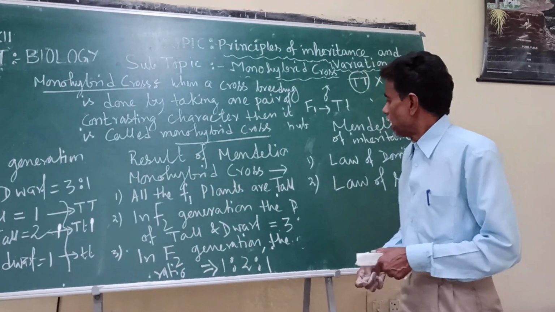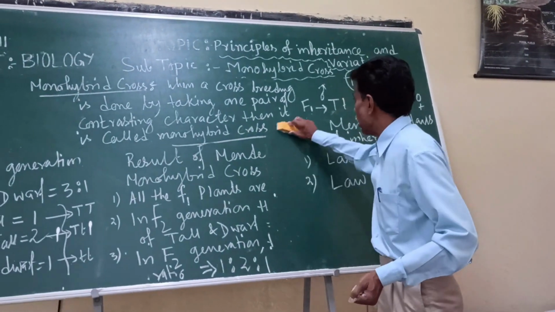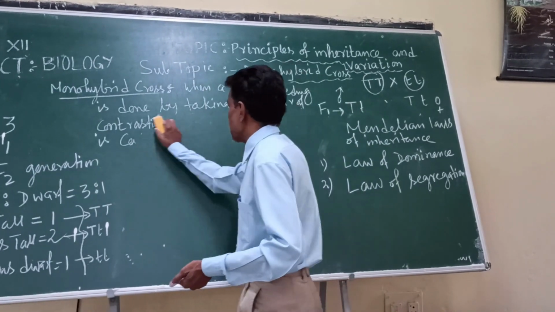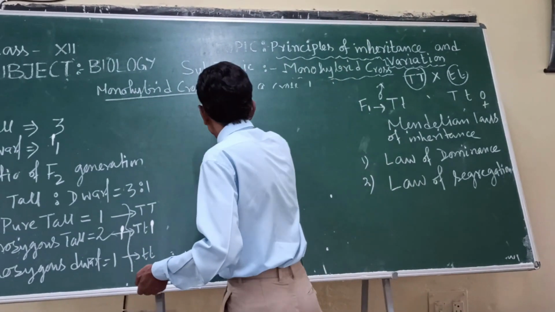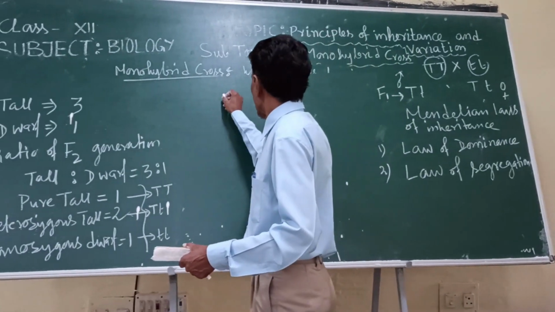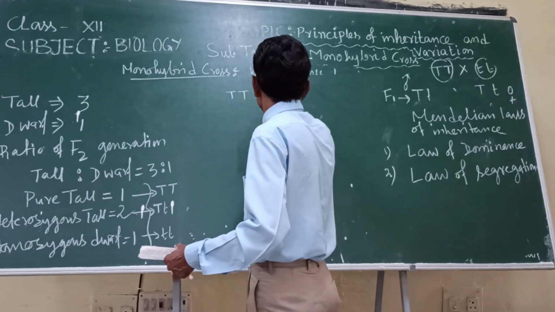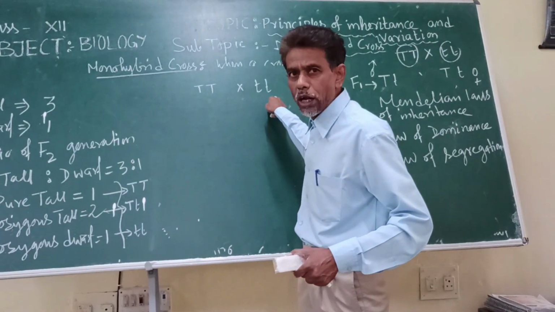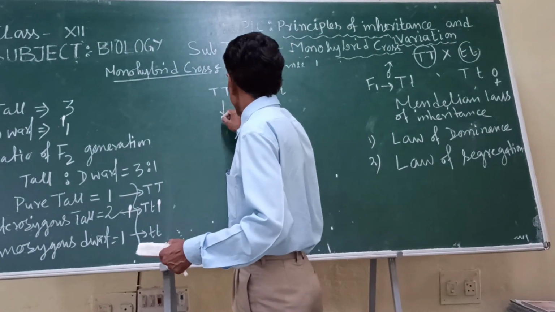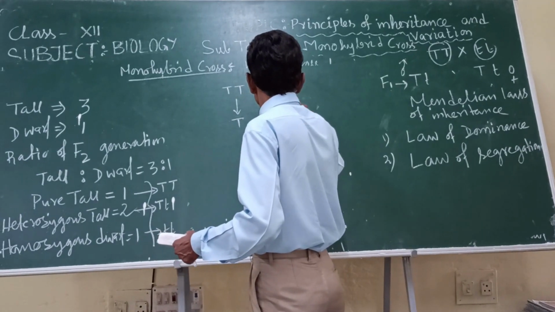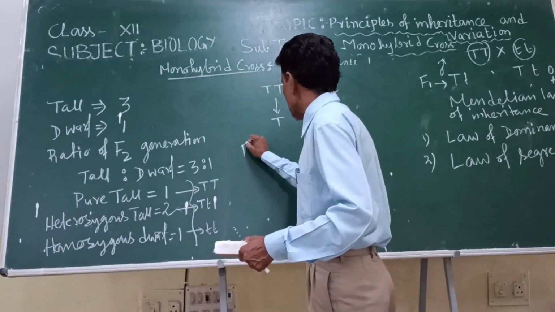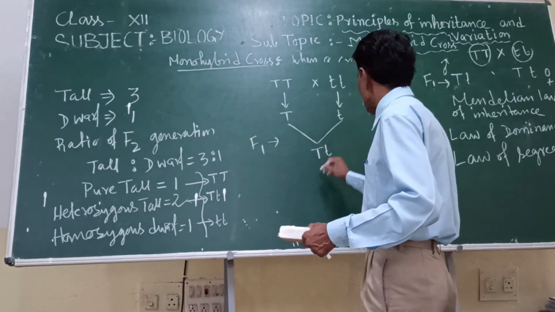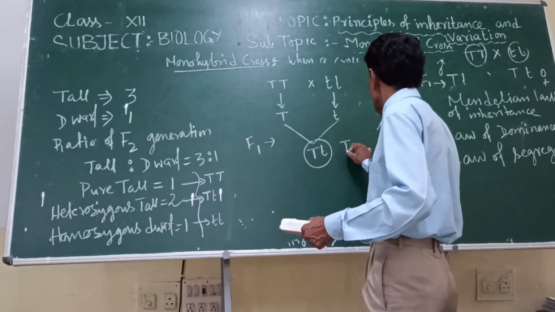You have seen in the Mendelian experiment that when a tall plant is crossbred with a dwarf plant, pure line tall with pure line dwarf, in the F1 generation all the hybrid plants produced are tall.